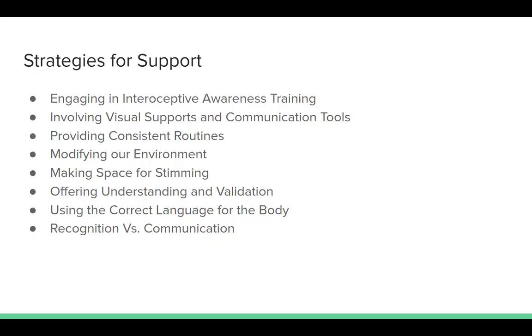And again, verbal communication isn't necessarily an option, right? Having appropriate body charts, something that they can point to, or teaching them to point to themselves. And then recognition versus communication, right? So this is sort of a twofold process of helping our children recognize when something is wrong and then communicate that, right?